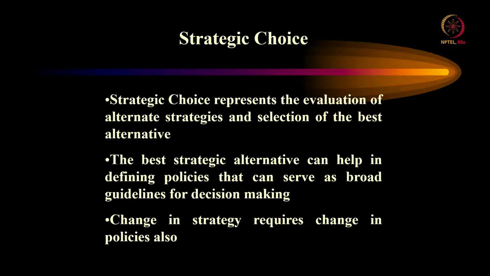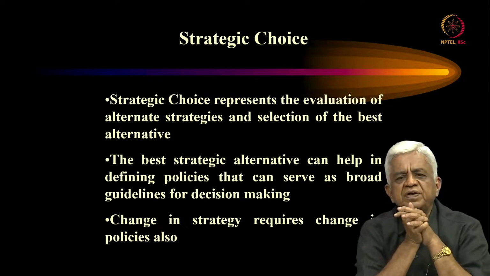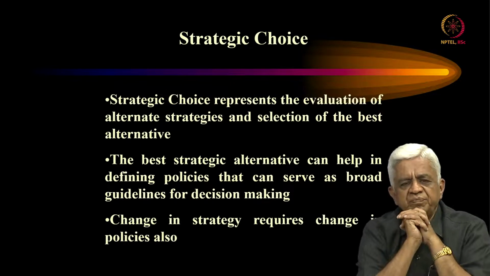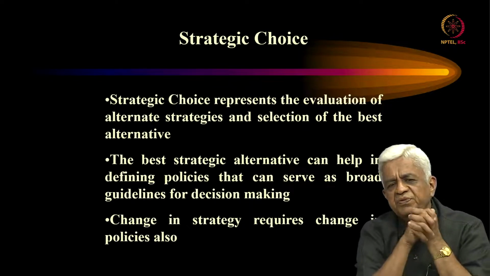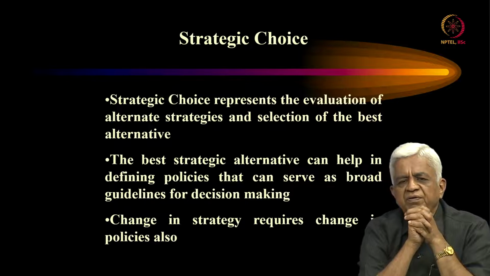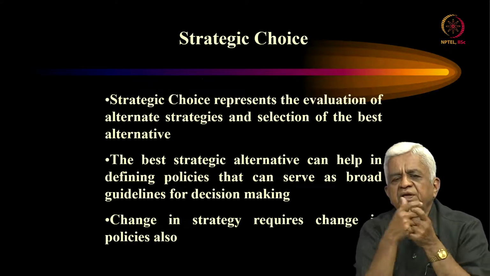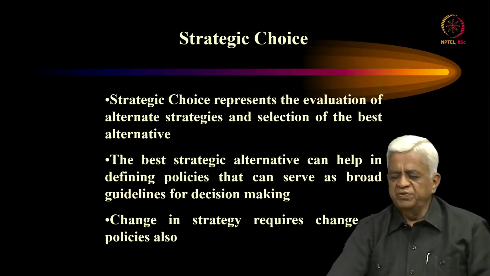Now, all this leads you to strategic choice. So, we looked at so many different portfolio matrices, we looked at functional strategies, and these functional strategies gave room to what is referred to as outsourcing, and we said suppose it is not in the distinctive competence area of the firm, it may be better for the firm to think of outsourcing.